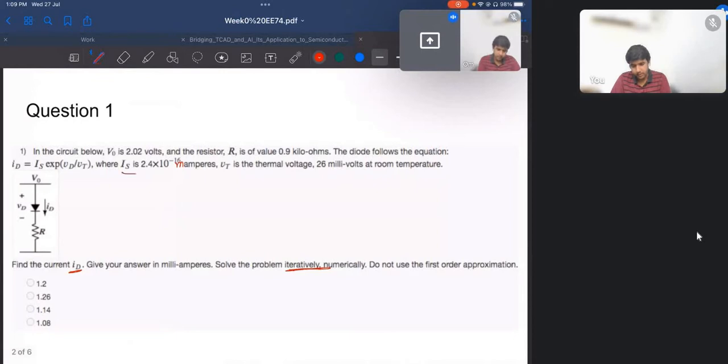And one more thing, Is is given to be 2.4 into 10 to the minus 16.